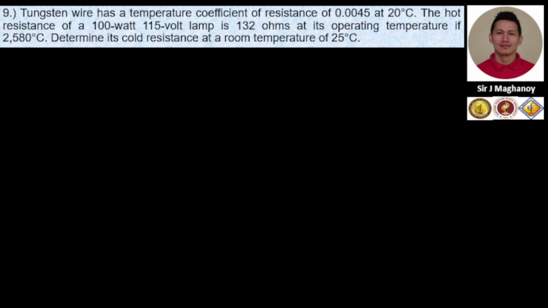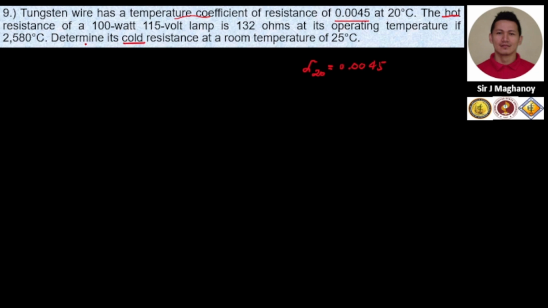Okay, so let's understand the problem first. The temperature coefficient of tungsten is given: 0.0045 at 20 degrees Celsius. Hot means final, cold means initial.